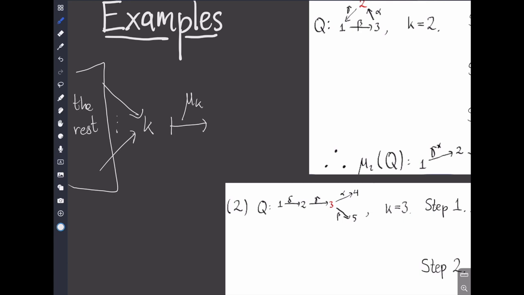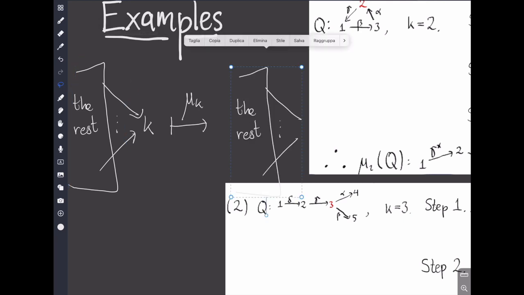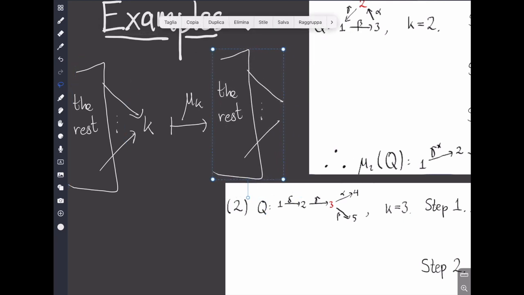The first step becomes void, because you cannot form composite arrows. The second step becomes reversing, and you didn't create 2-cycles. So it's simply just reversing arrows incident at K.